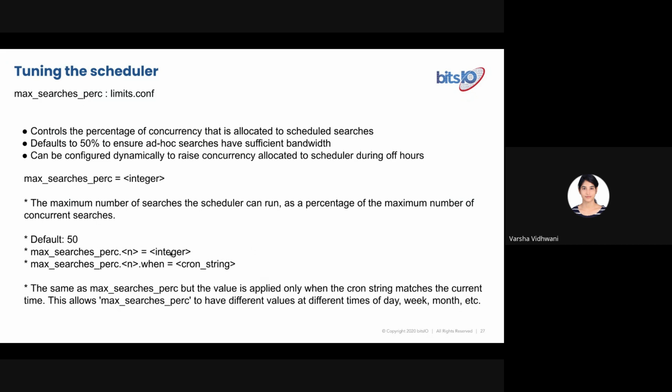If it is for the weekend or for odd hours, like non-business hours, it can apply that particular setting here. Like 50% can be changed to, let's say, 80% during non-business hours. Overall, this configuration gives us very fine-grained control over how Splunk balances concurrency between the scheduled workloads and interactive usage. This also helps ensure performance is optimized throughout the day.